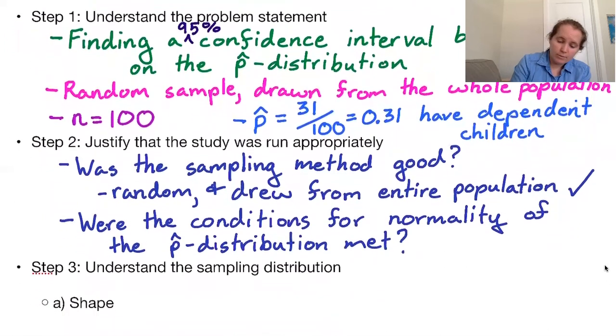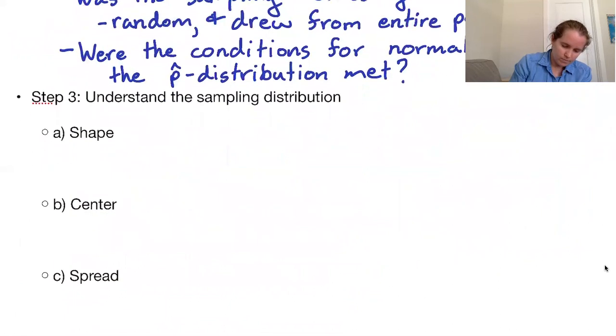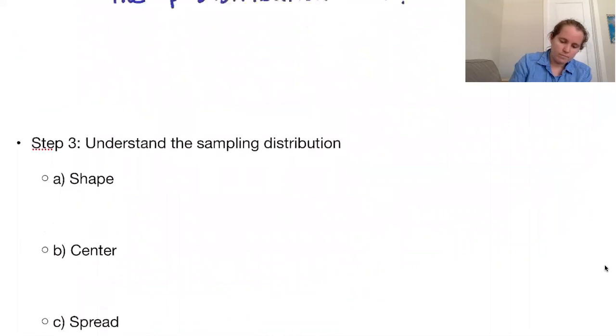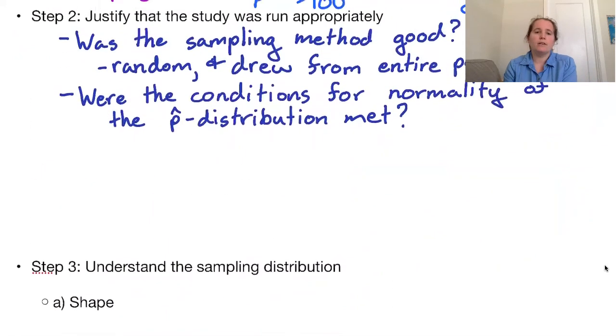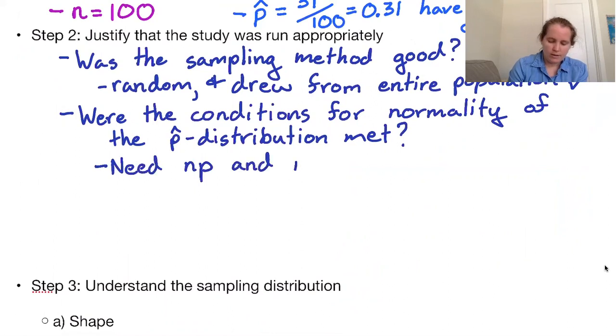I'm going to give myself a little more room here. One moment. Now we can continue on. So what we need to check here is n times p and n times 1 minus p, both 10 or more.